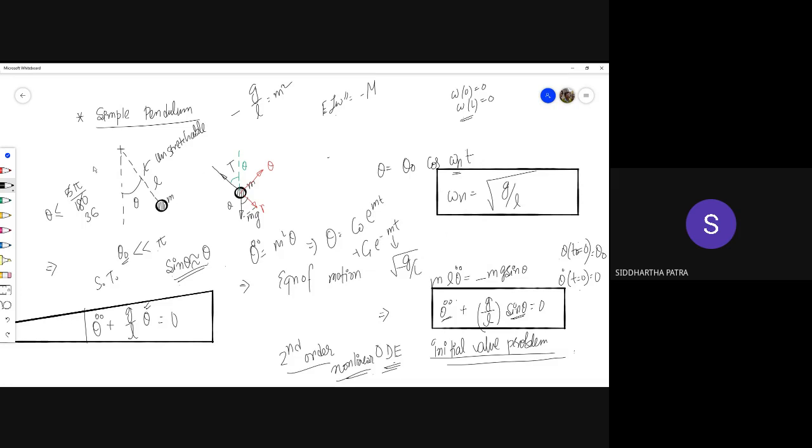So you should know that. Okay, just copy this expression. This is important for us in relation to the simple pendulum.